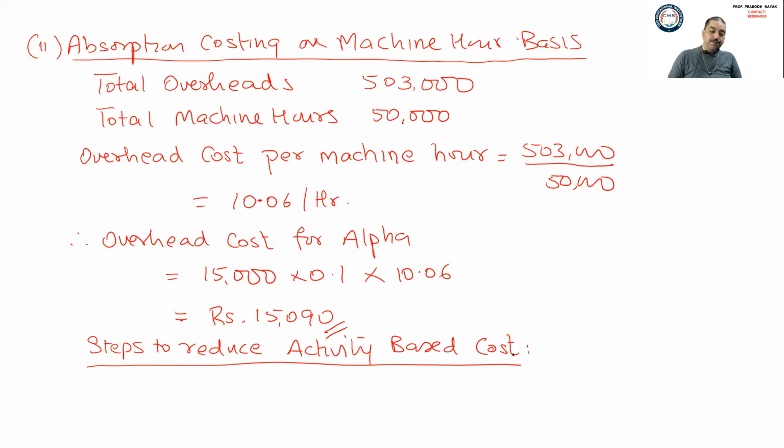Point number 1. Increase the batch size so that the number of batches will reduce. Full stop. Continue the same point.